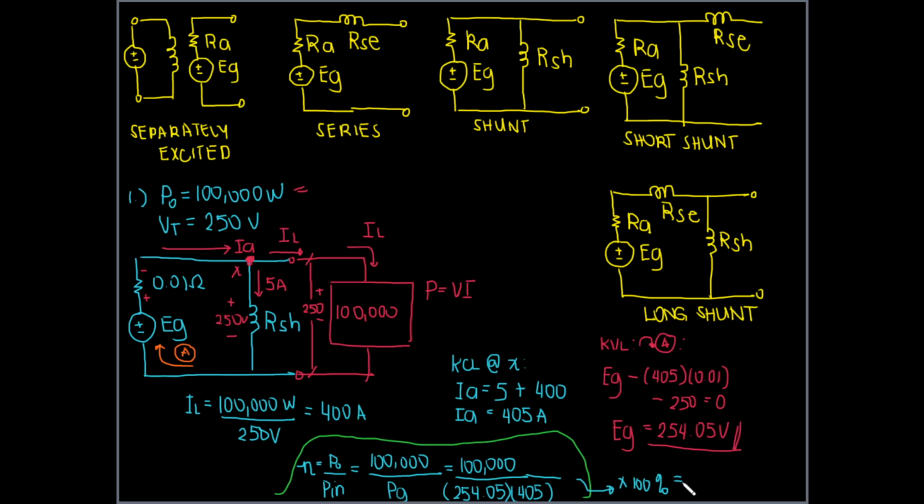So solving for the efficiency: 100,000 divided by 254.05 multiplied by 405. The efficiency is 97.19%. This is not the efficiency of the genset. It's only the electrical efficiency of the system. The input is the generated power, the output is the nameplate rating, 100,000 watts.